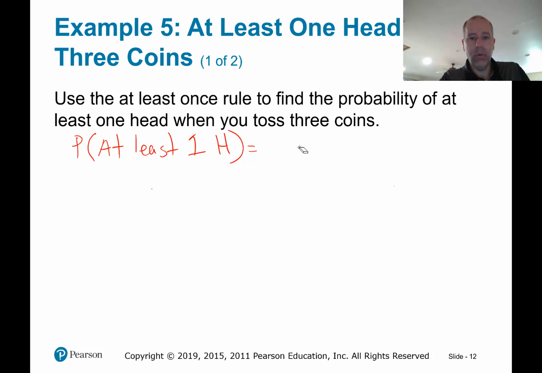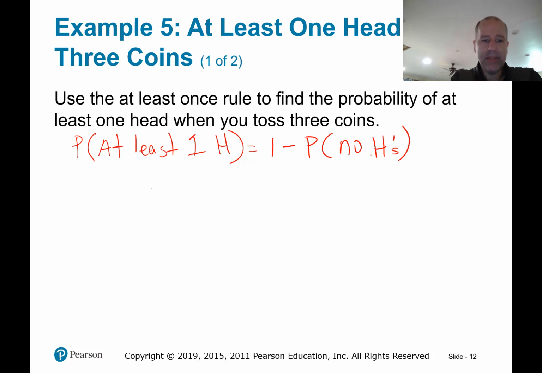And so this means this is equal to 1 minus the probability of getting no heads. Well, how do we translate this? What does no heads mean? Well, this is equal to 1 minus the probability that we do not get a heads.